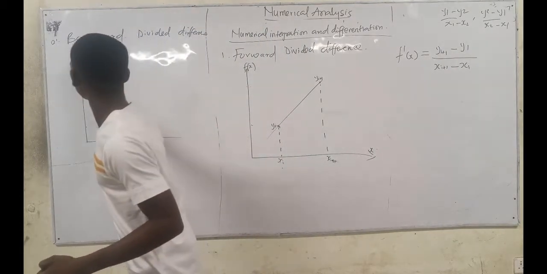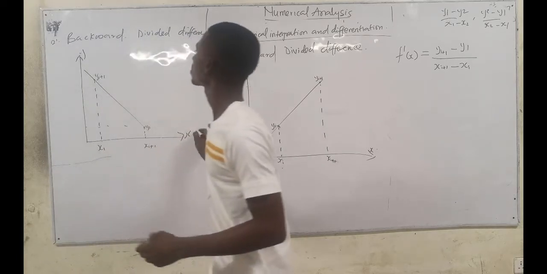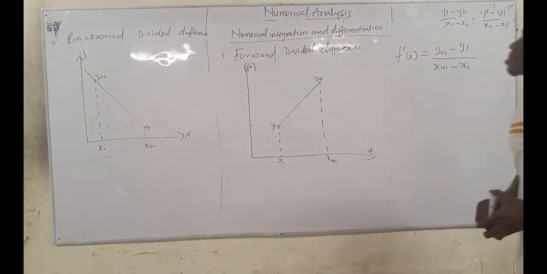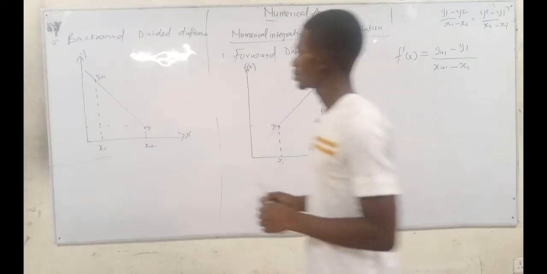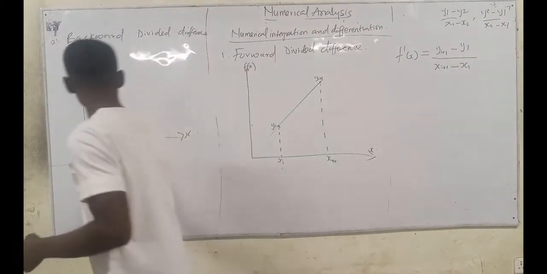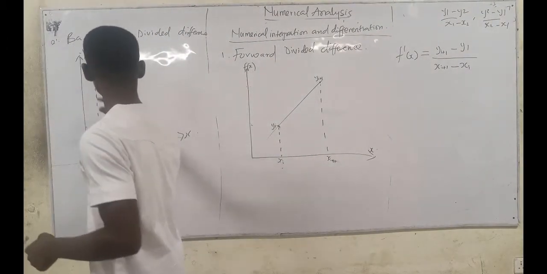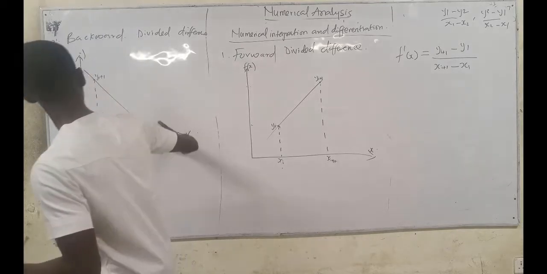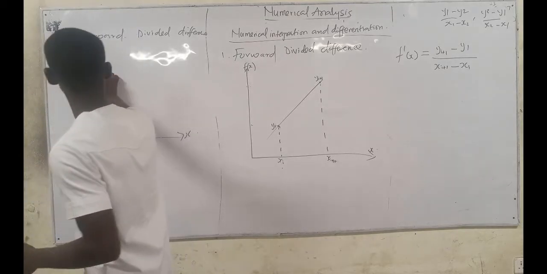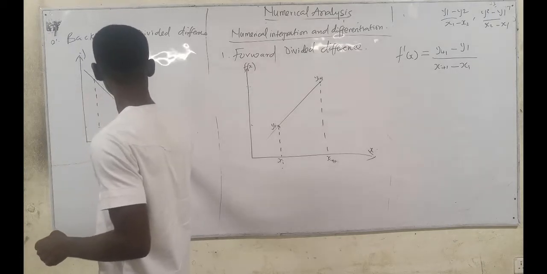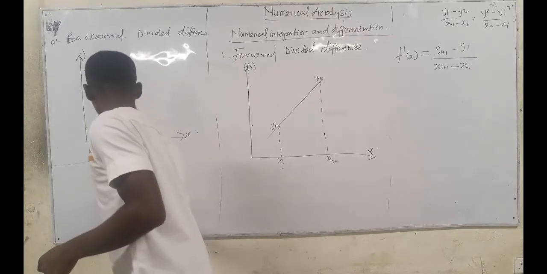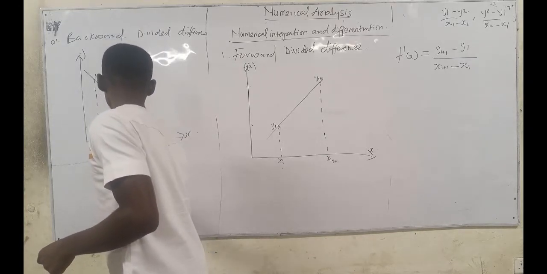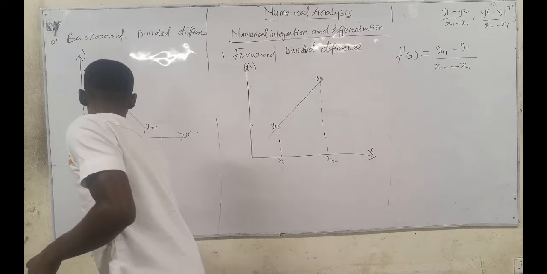And here will be y1. So it will be y1 minus this. Yes, y1 plus 1. So it will be this minus that, not it. So y1 minus yi plus 1 over xi.